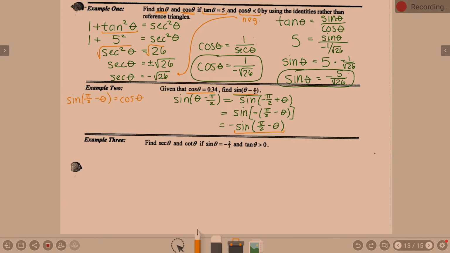It is officially equal to cosine, yes? So that piece right there, I'm going to say that this is equal to the negative of, what is sine of pi over 2 minus theta? Cosine theta.